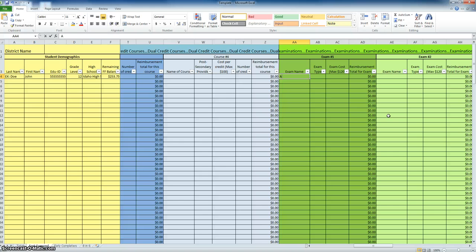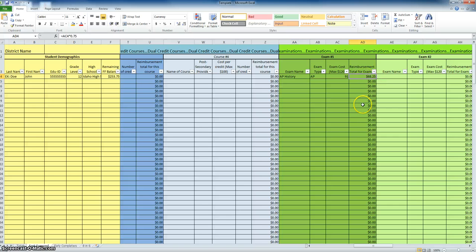So let's say he took AP History. Now, the exam type can be AP, IB, CLEP, or PTE. And AP exams are generally $91, so he is eligible for $68.25 in reimbursements.